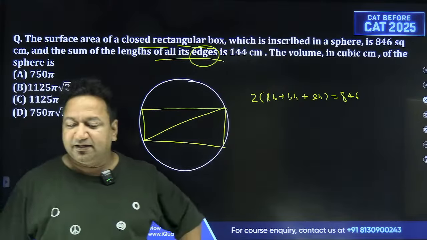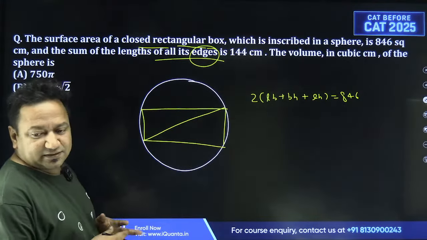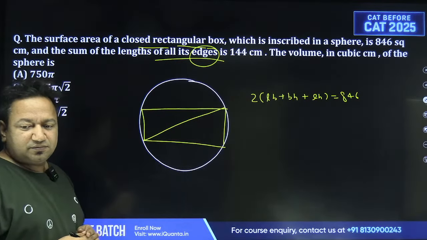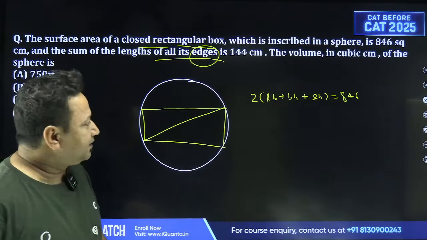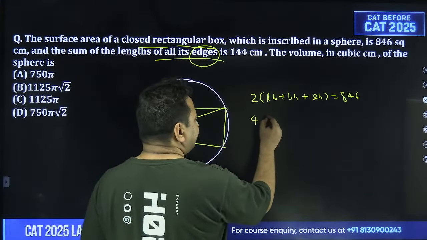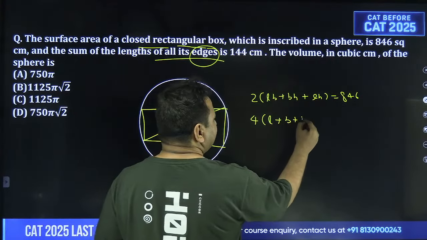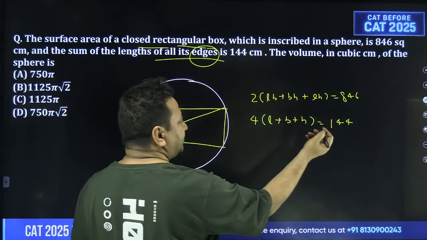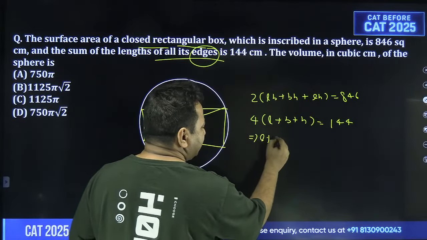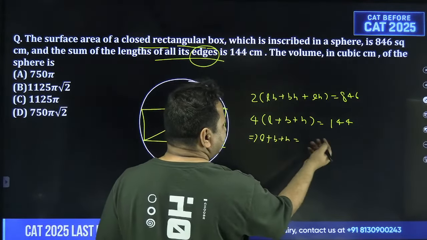Nobody is saying anything. 12 edges, can you imagine that? So 4 will be lengths, 4 will be breadths, and 4 will be heights. That means 4 times L plus B plus H is given to us, that is equal to 144. Now we get a proper idea of a lot of things. So L plus B plus H is nothing but 36.